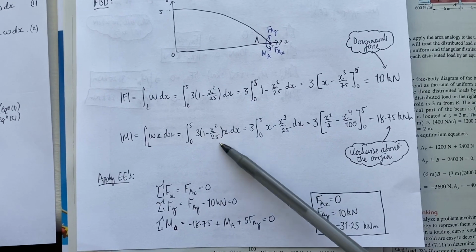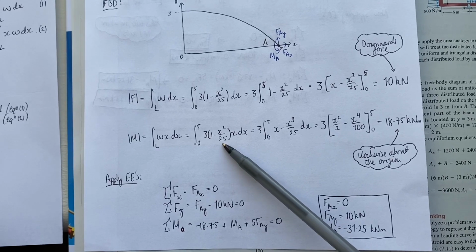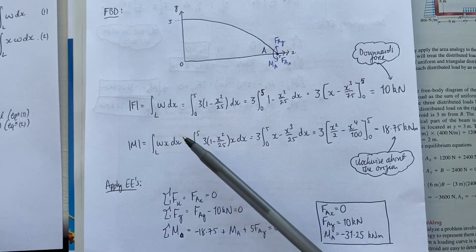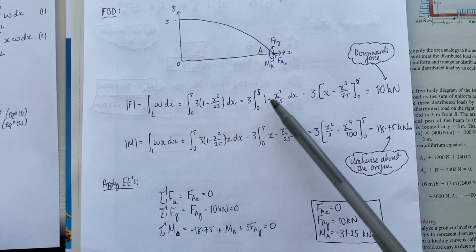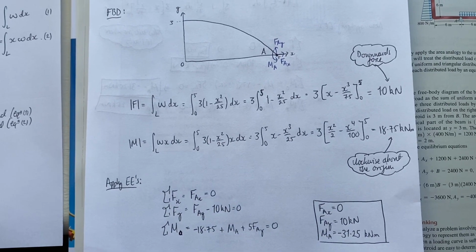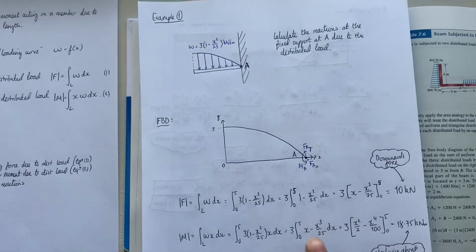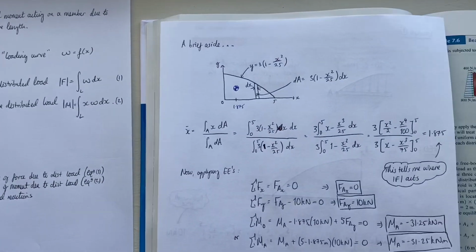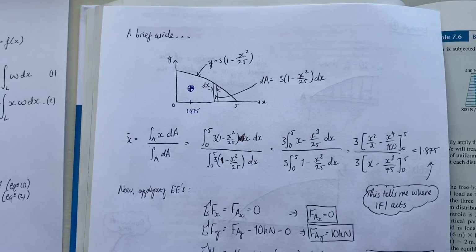That's what we calculated here, which is why we don't include this with the associated length with it, because we've already included it in this. And to prove that, I have a brief aside.